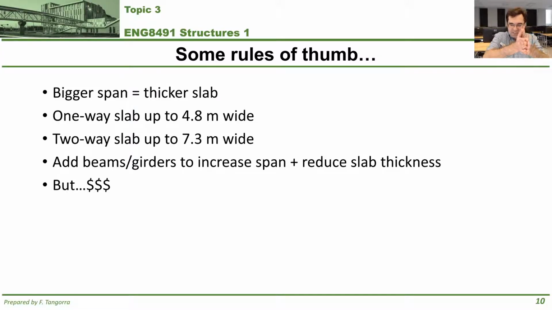If you want spans of slabs that are bigger, you want to start adding beams and girders to ensure that the slab is strong enough and maybe to reduce the thickness of that slab. The only thing is though, when you start doing stuff like this, you increase the price of the structure, okay?